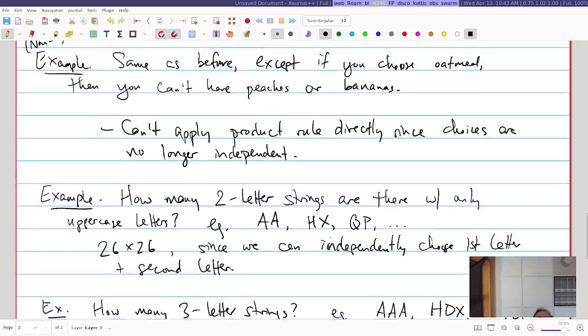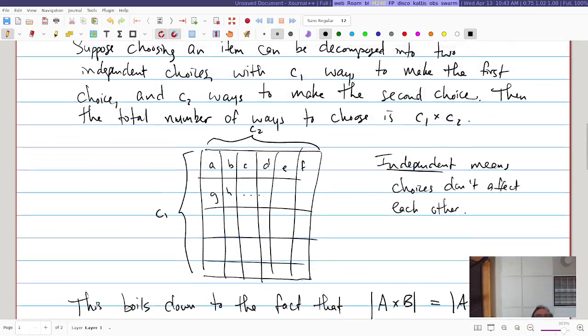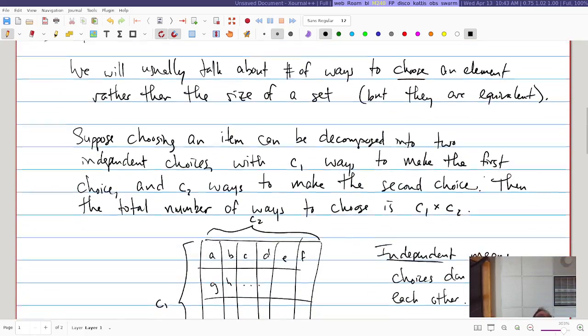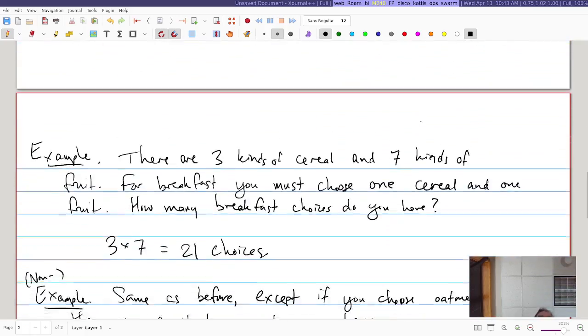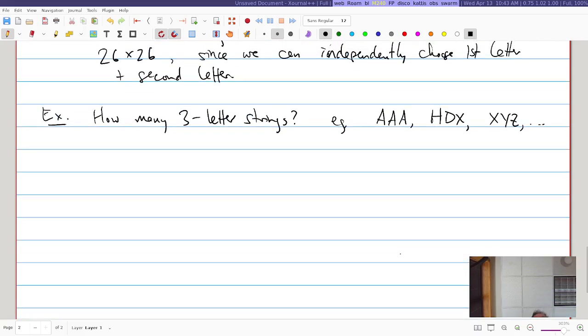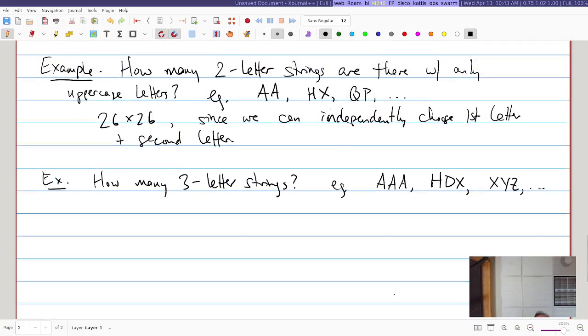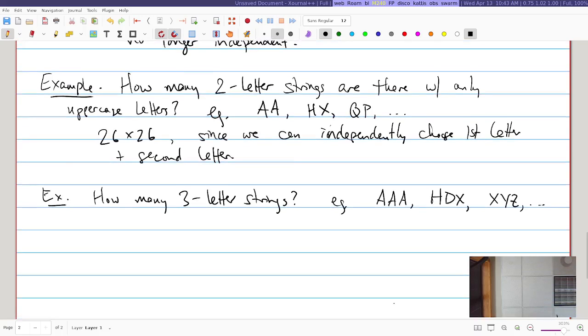And technically, the product rule kind of only says what to do if you have two choices. So one way we could think of this is, I could break this into two choices. First, I'm going to choose what the first two letters are going to be. And I already know there's 26 squared ways to choose the first two letters. And then I can independently choose the third letter.